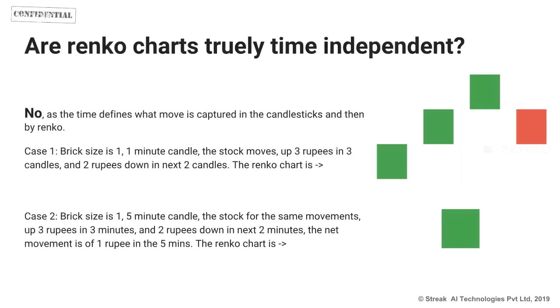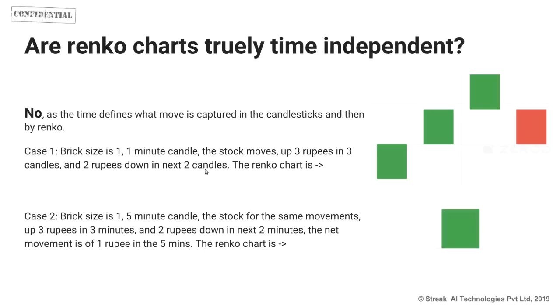In this scenario, the Renko chart that will be formed is shown on the right side, right? Keep in mind, brick size is 1, and the candle interval being used to form this Renko is 1 minute. So you have one green Renko, one green Renko, one green Renko, and then one red Renko, because of the 2 rupees down movement, right?